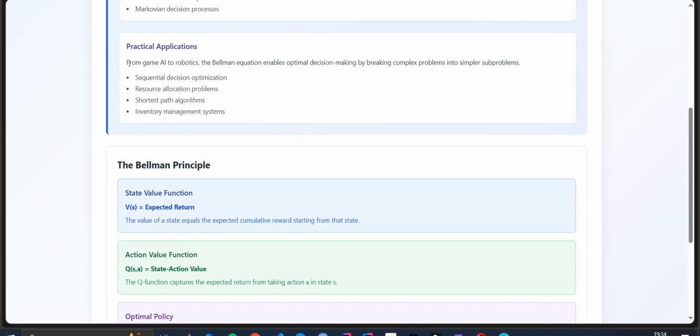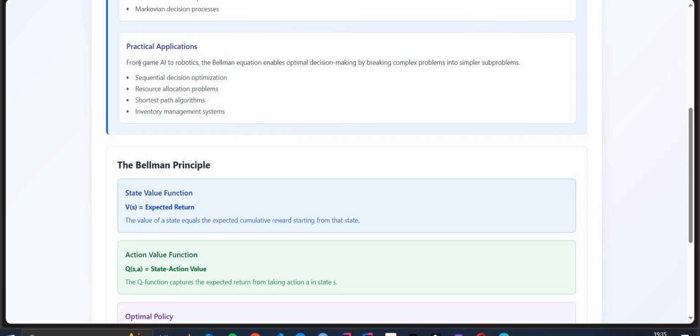Okay, now on the practical side, the Bellman equation is not just some theoretical thing. Actually, it shows up everywhere. It's used in game AI, robotics, finance, logistics, you name it. In game AI, for example, it helps agents figure out the best move based on the possible outcomes of future moves.